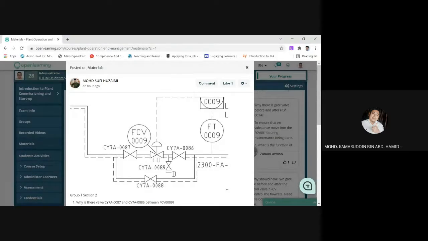Okay, selalu kita akan ada low alarm untuk flow, which is low alarm to prevent the less flow from happening, and low-low alarm used to prevent the no flow. Sebab kita ada dua keyword dalam flow rate. Selalu kita akan take care on the low alarm for less flow, and low-low alarm untuk cater no flow.